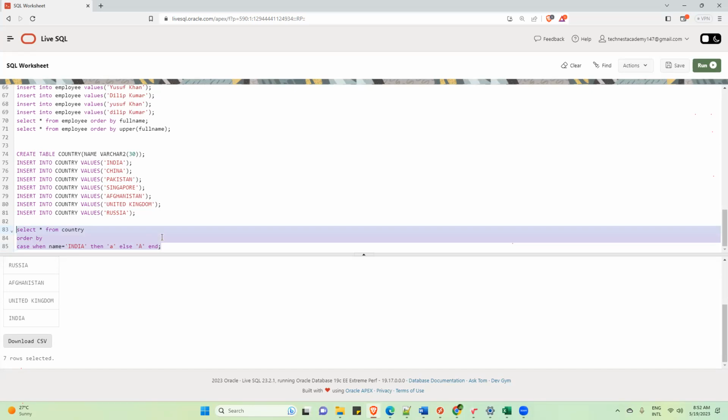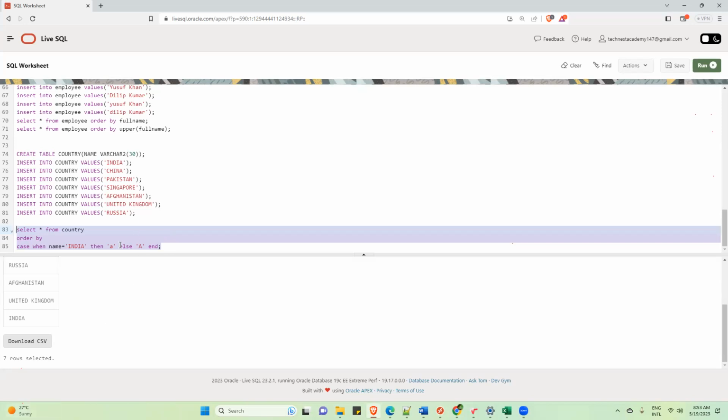Others say India will be at the bottom. Any other thought? Sorry, you will get an error message. Okay, error message. Any other thought? Okay, good.